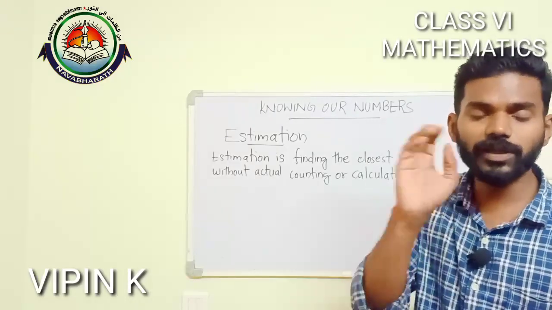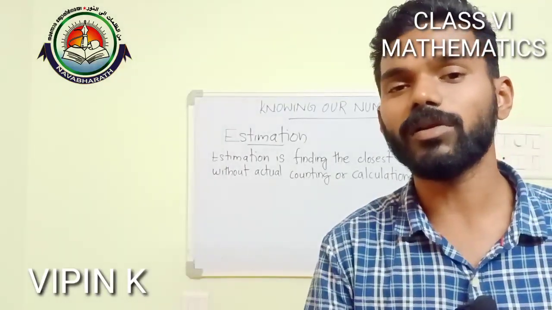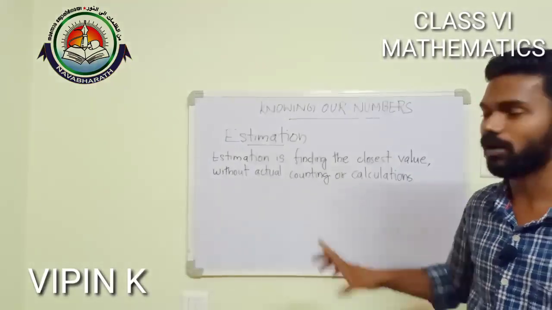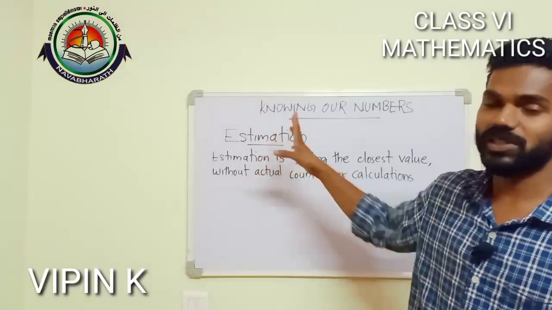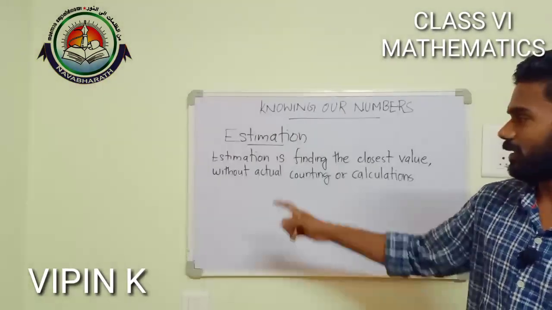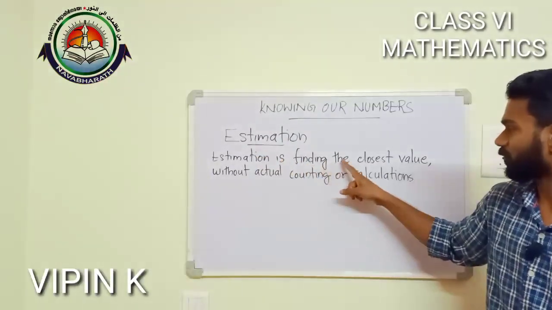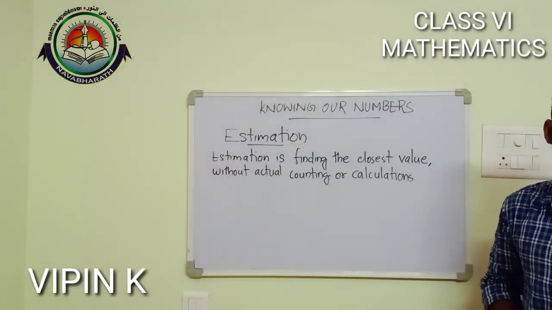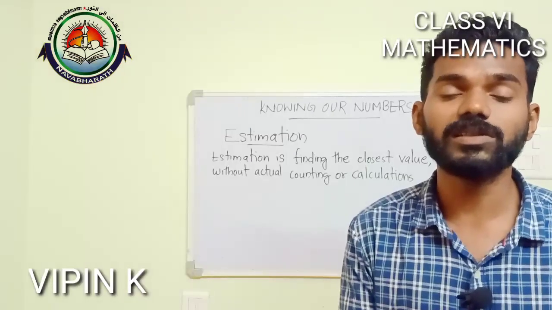And if we do not need or do not want such calculations or counting, then we can have an estimation of the quantity. Clear? And that is what is referred to here: estimation is finding the closest value. We would be finding a closest value.